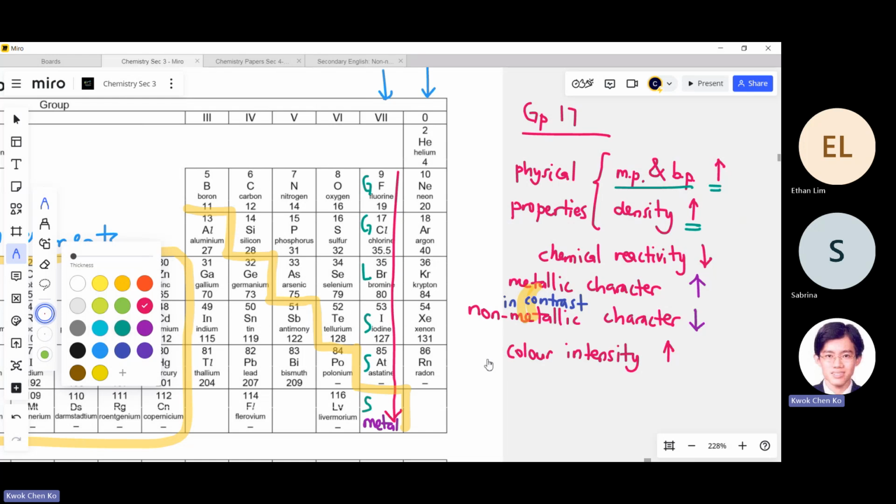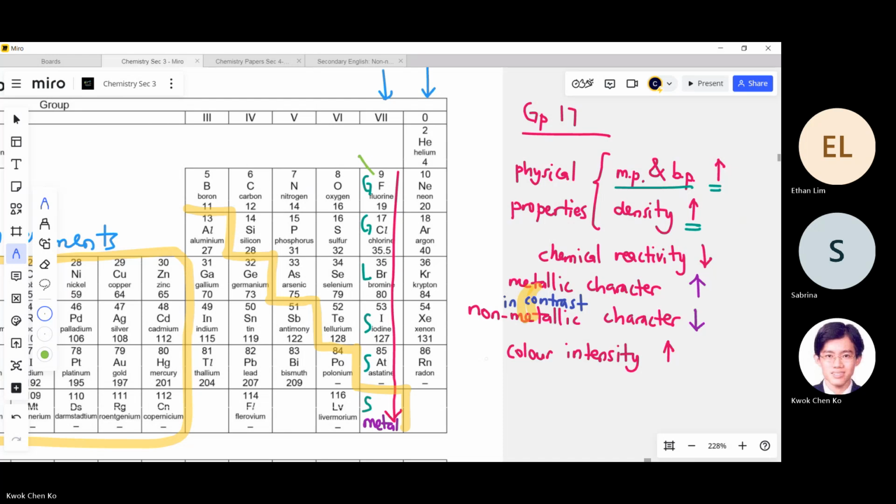Sabrina, chlorine? Chlorine is like greenish yellow. Okay, fine, greenish yellow. If you don't like that, you can call it yellowish green. Ethan, bromine? Reddish brown. Hey, this one, everyone please remember, reddish brown.